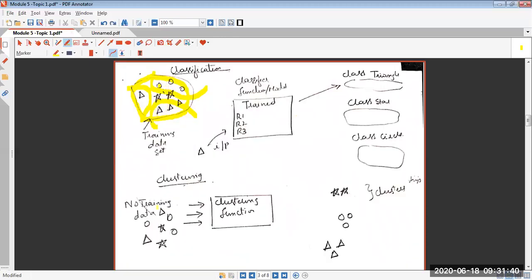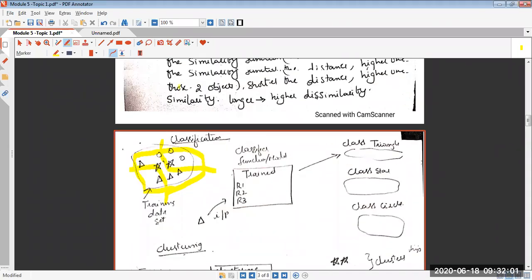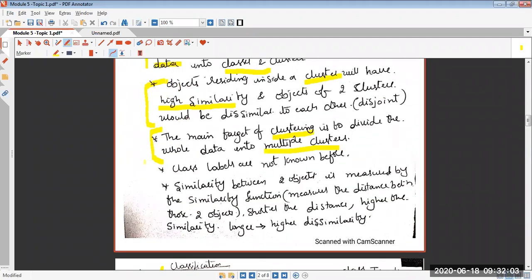Okay, so given a very large data set, a very big data set here, you can see I should divide this data set into smaller groups, okay, such that objects in one group is more similar compared to data objects in a different group. Here group is nothing but cluster. So that is what I have explained in this point.